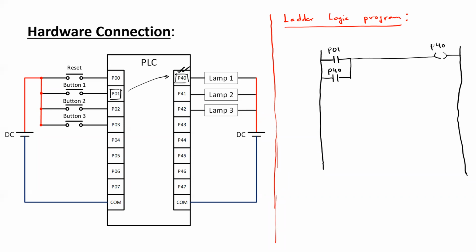Whenever this push button is released, button 1 is released, this path is again going to be open, but once the coil is energized for the duration when button on P01 was pressed, this coil was supposed to be energized, and this is supposed to trigger this particular contact. So even if this button on port P01 is released, as this contact is already closed, a bypassing path would be there.